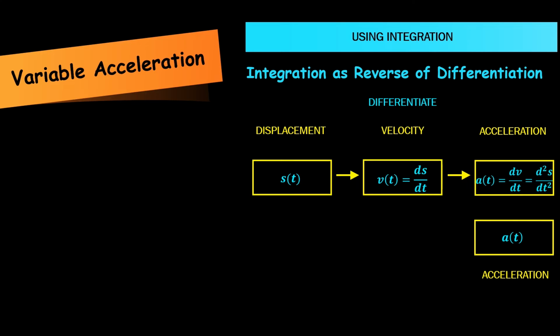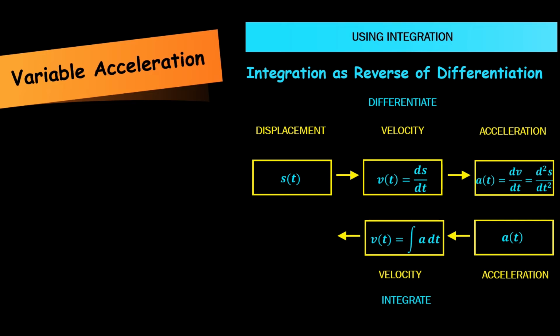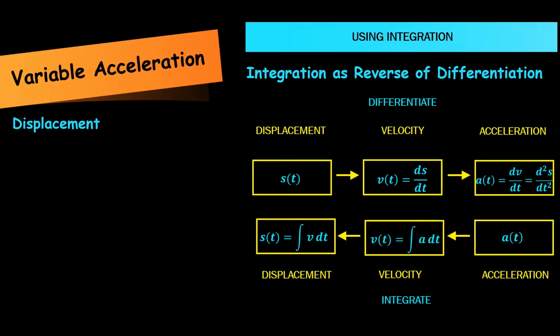Now the reverse of this, say if we begin with acceleration a of t, we can integrate to obtain v of t equals integral a dt, and then if we integrate velocity, we obtain displacement. So s of t equals the integral of v dt.